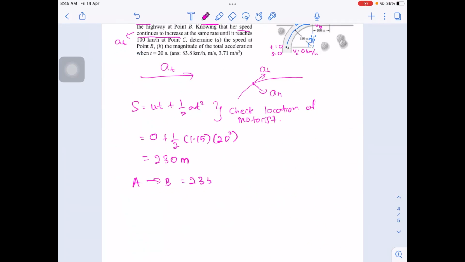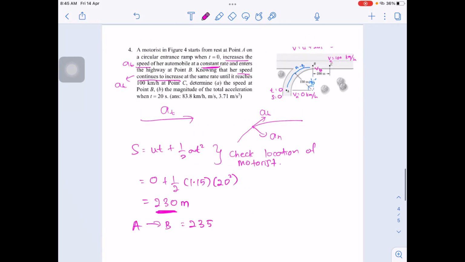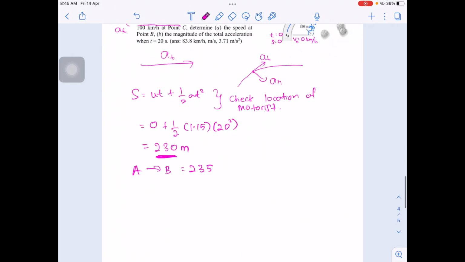So 230 is between A and B. A to B is curvilinear motion, so you can use AN. You need to find AN.